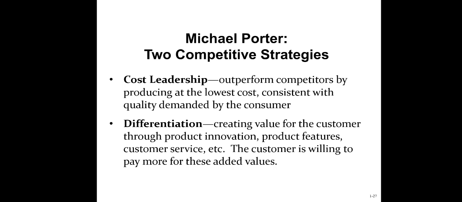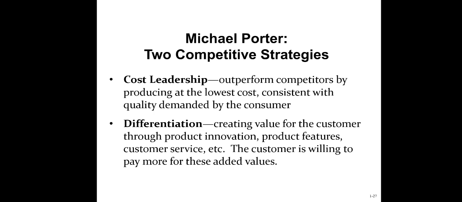Okay, according to Michael Porter, there are two competitive strategies that a business can use to become successful. First is called cost leadership, and the second strategy is called differentiation strategy.